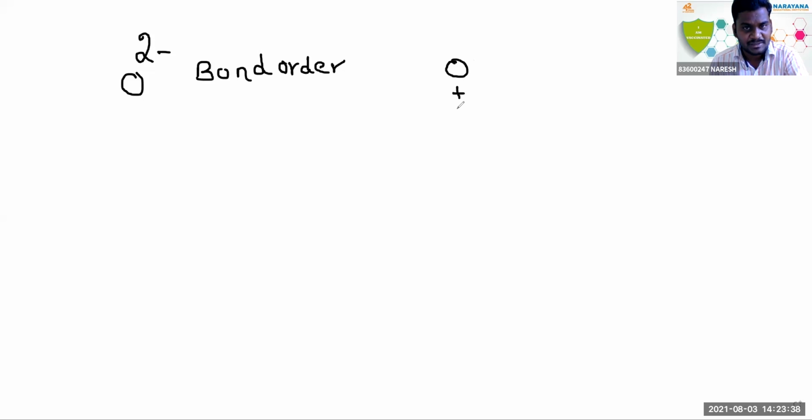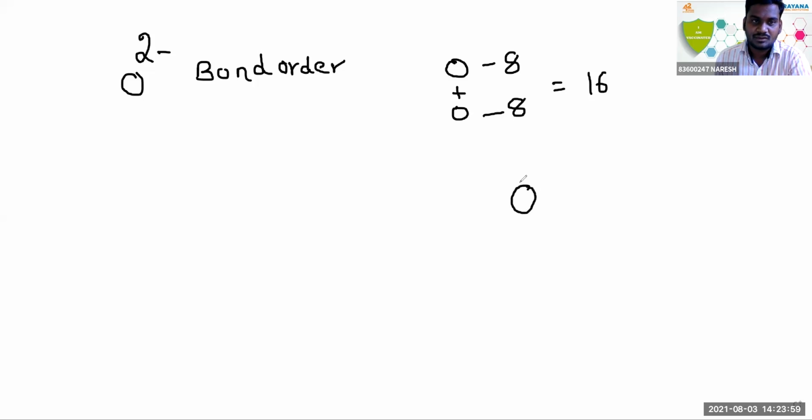Generally oxygen plus oxygen: one oxygen is 8, another oxygen is 8, total 16. O minus 2 means already having an excess of 2 electrons, right? After accepting 2 electrons, oxygen attains minus 2. So after taking 2 electrons it becomes minus 2.